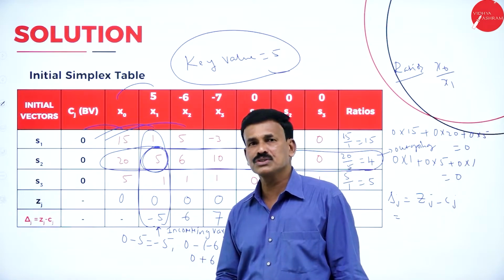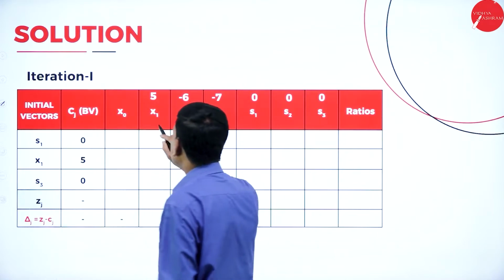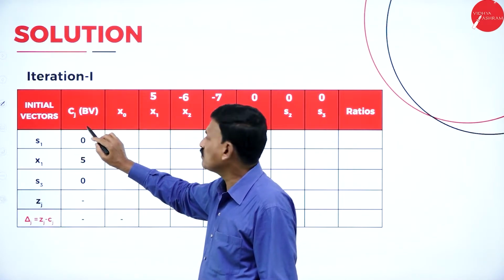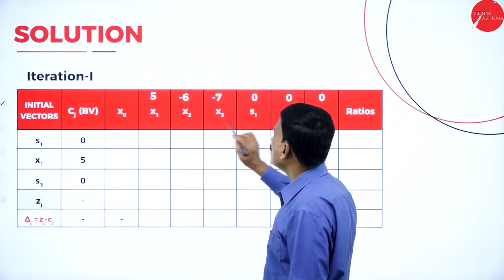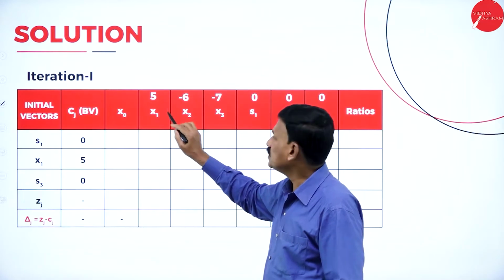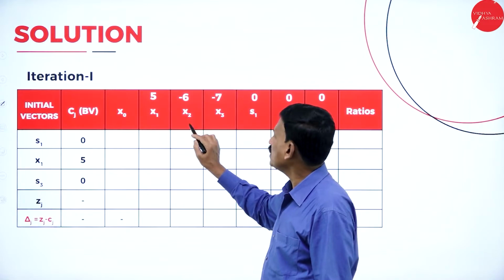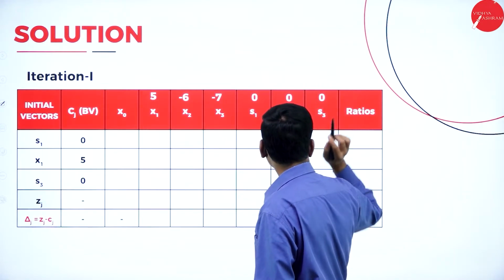Okay, now I will go to the next table. This is the first iteration table. Here are the same initial vectors, coefficients of basic vectors, then x0, x1, x2, x3, s1, s2, s3. The coefficients are the same: x1 is 5, x2 is minus 6, x3 is minus 7, s1 is 0, s2 is 0 and s3 is also 0.